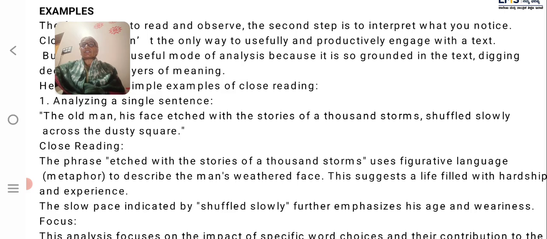The metaphor suggests the old man's life filled with hardship and experience. The slow pace is indicated by shuffled slowly. Shuffled slowly is a phrase which indicates the slow speed of the walk. It emphasizes the old man's age and weariness.